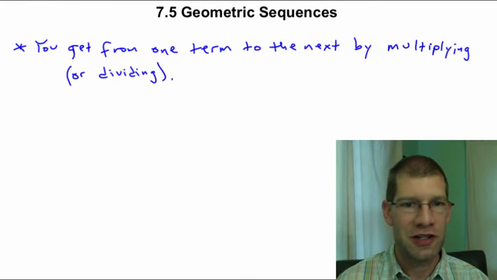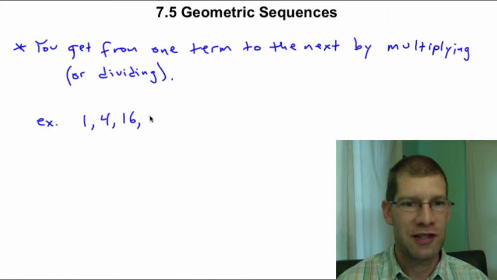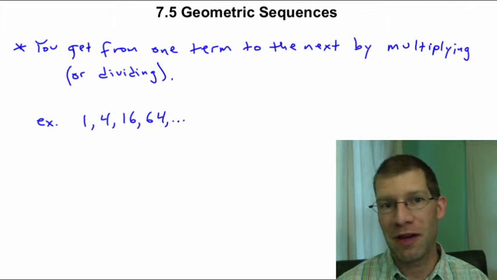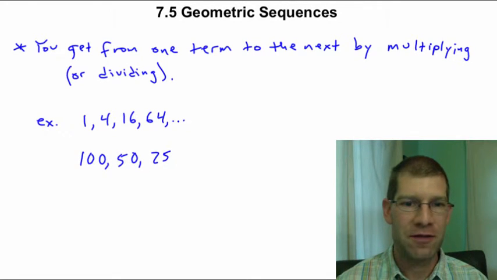So maybe just toss a couple examples down. One would be something like if you had the sequence 1, 4, 16, 64, and so on. In that one we're multiplying by 4 every time. Or you could have something like 100, 50, 25, 12.5.